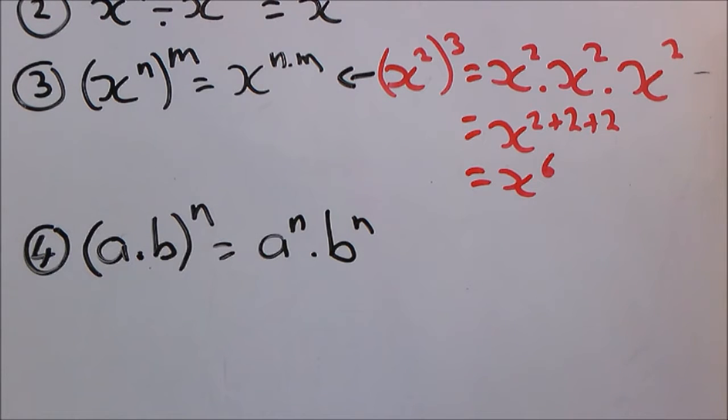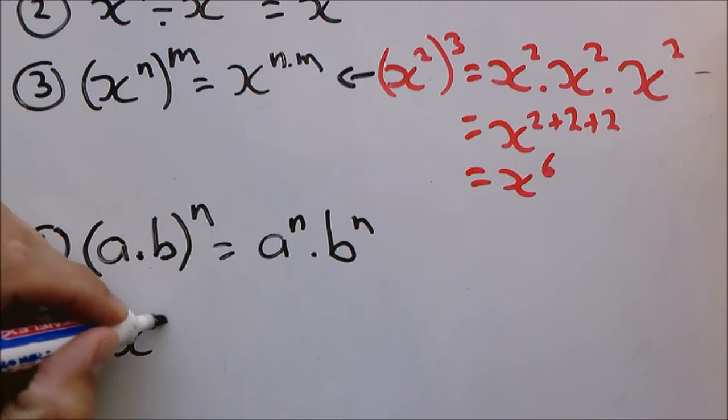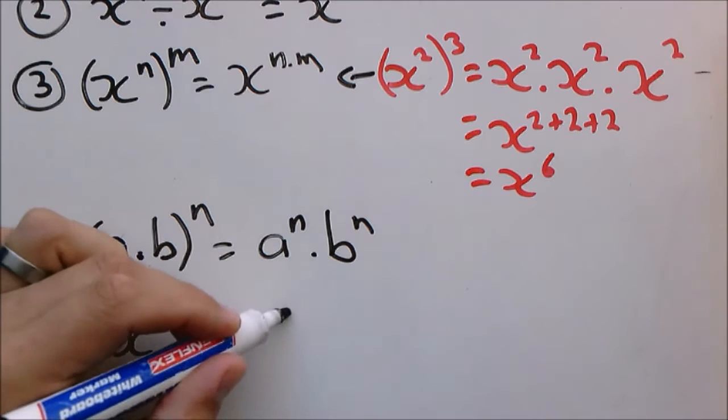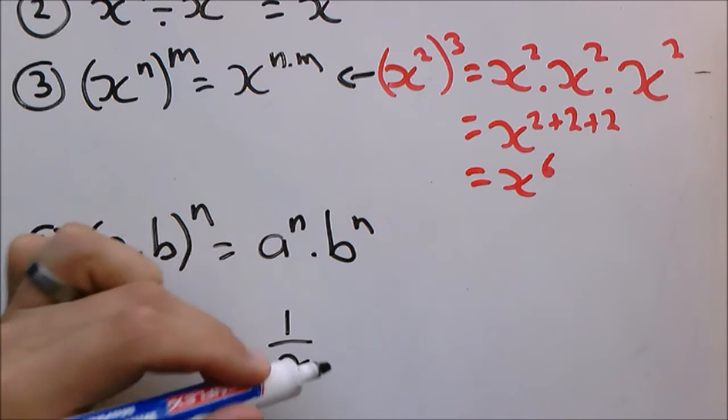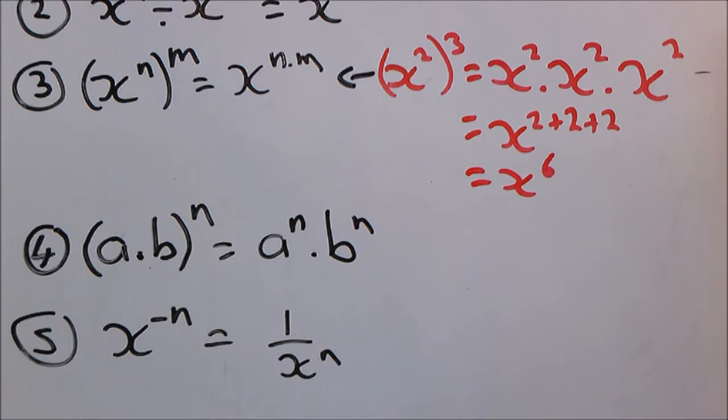The next one to consider is, well, remember this goes in the opposite direction. All of these laws go in both directions. Next one just to consider is x to the power of negative n is equal to 1 over x to the power of n. And again, this is applied in both directions.